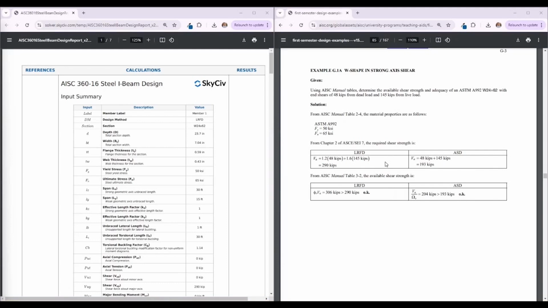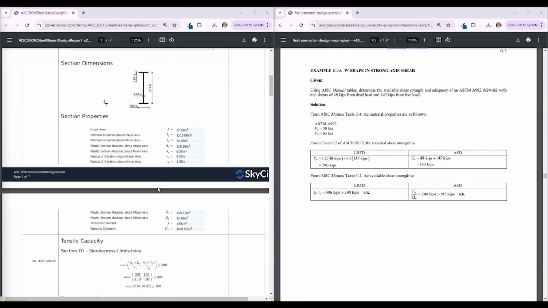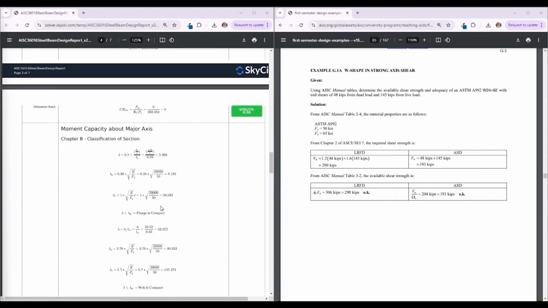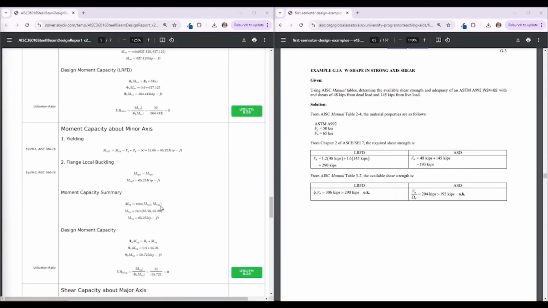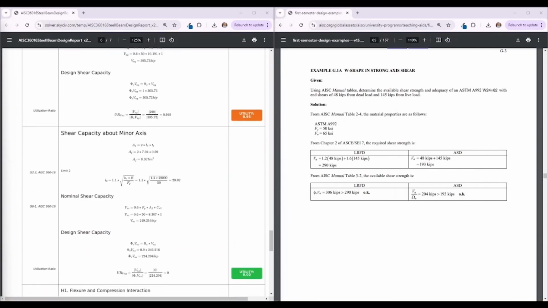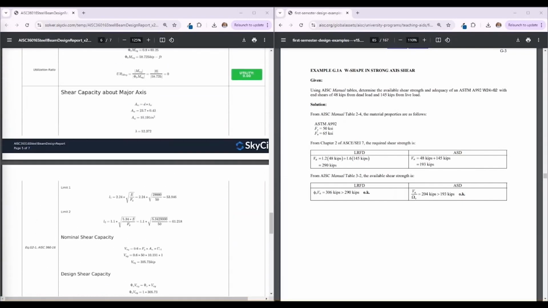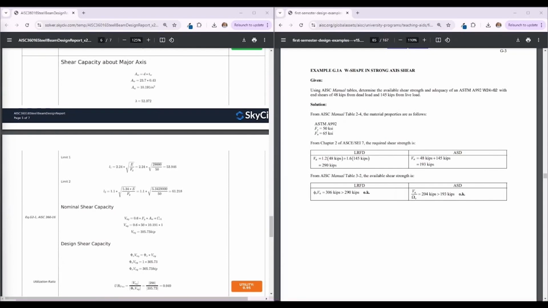Alright, I've put the AISC design example side by side with the SkyCiv calculation report so we can walk through the design results. Let's scroll down to the shear capacity about the major axis calculation in the SkyCiv report and follow along with this AISC example.